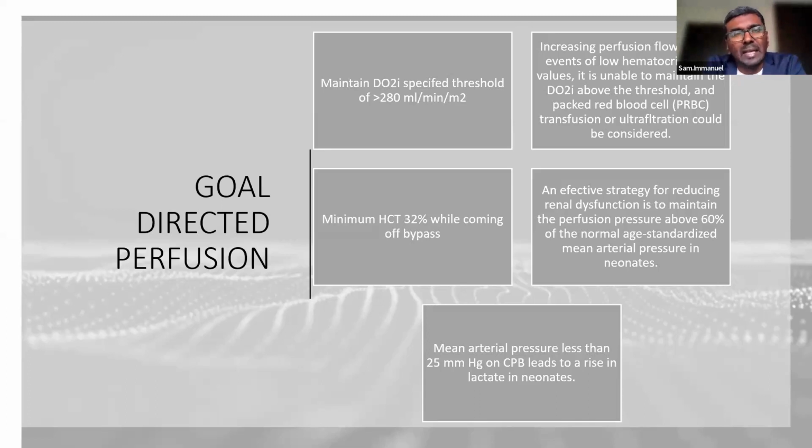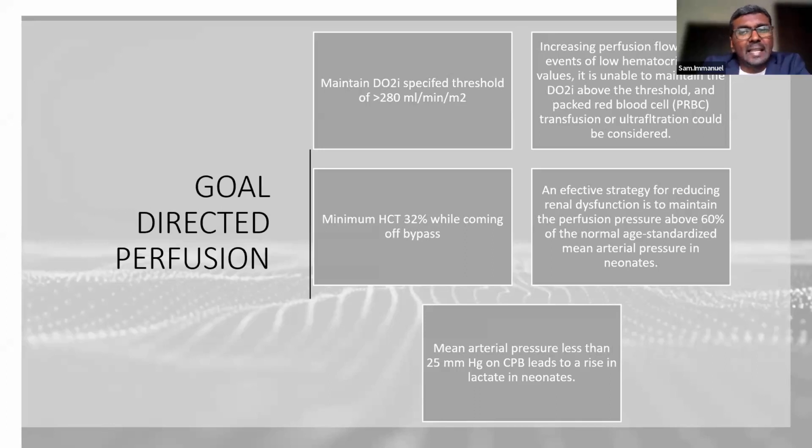It is very simple. It focuses on a few points. One is oxygen delivery. Second is oxygen extraction ratio, or the VO2. The third one is the venous saturation. And the fourth one is your CO2 production. And the fifth is your hemoglobin. And how much is your flow, whether you're flowing adequately or not.